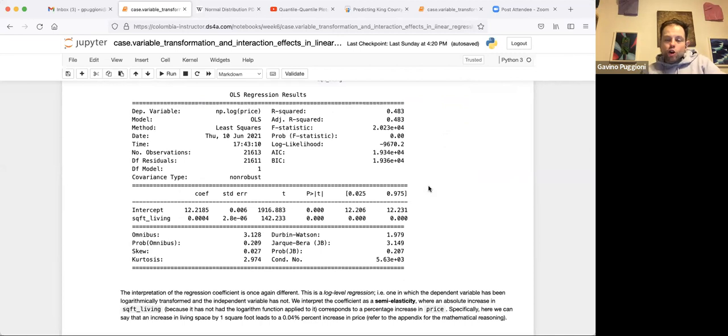So this is called log level regression. The dependent variable has been transformed, but the independent variable has not been transformed. So the coefficient beta 1 is called semi-elasticity. That means that a change in square feet of living space, a change equal to 1, notice that this will not be a percentage change.